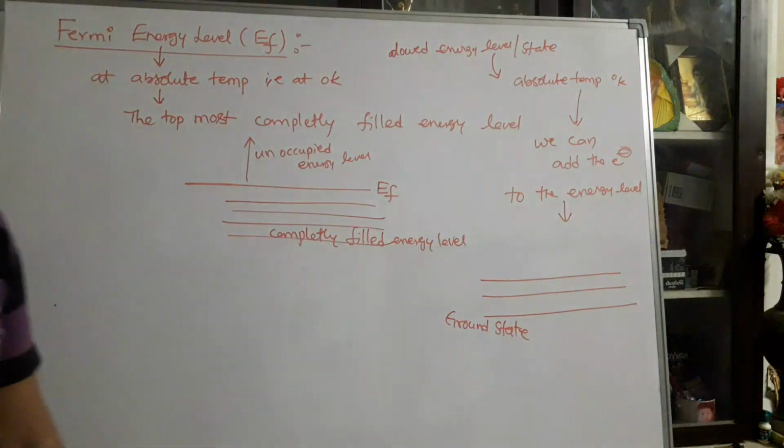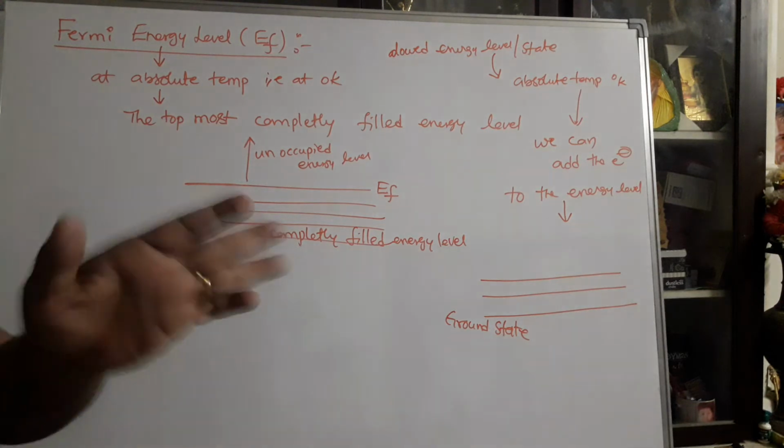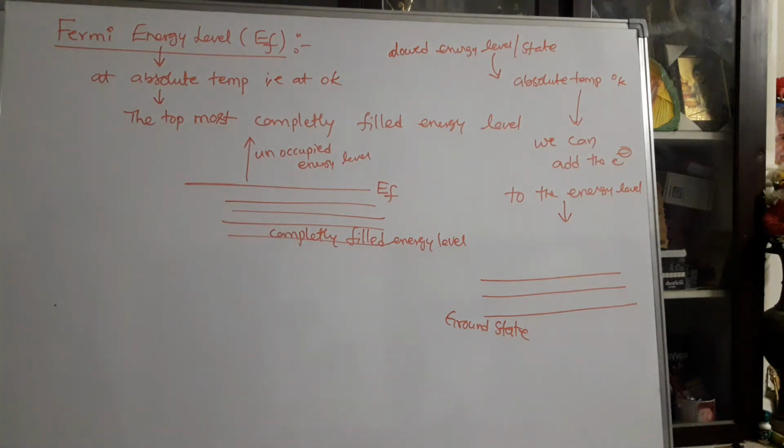By using Pauli's exclusion principle and Hund's rule, we first fill the ground state and then the higher excited states, until the last electron is added to the level.